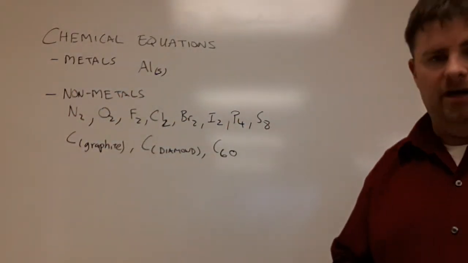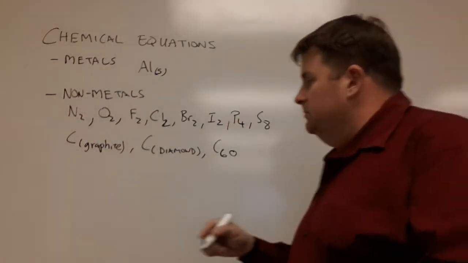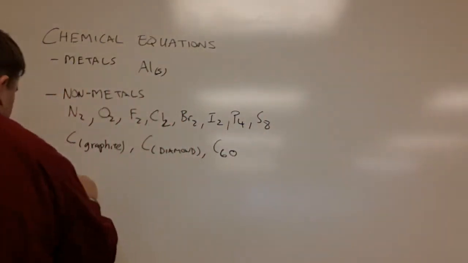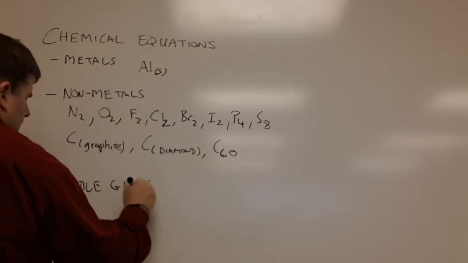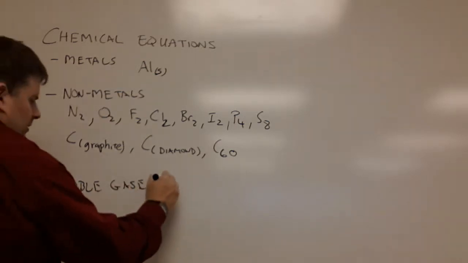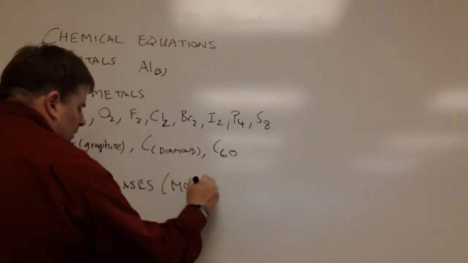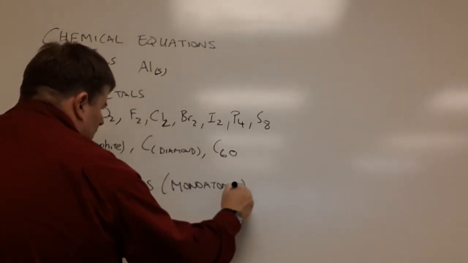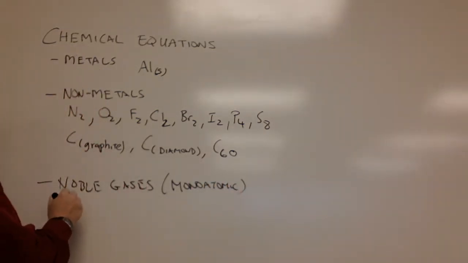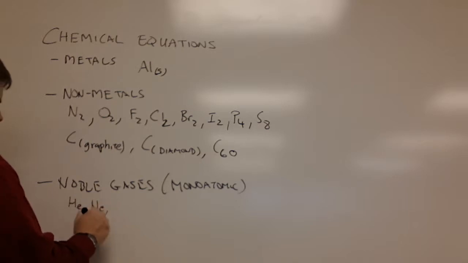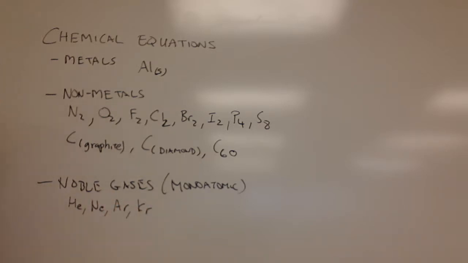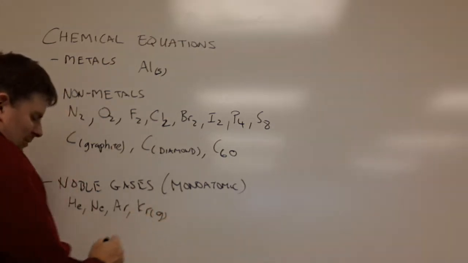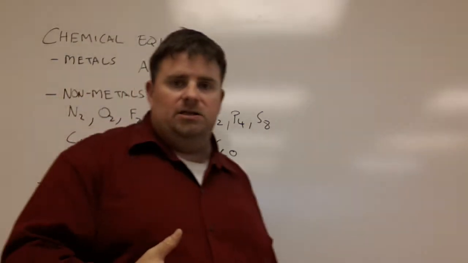Now we talk about noble gases. The noble gases are always going to be monoatomic. So anything like helium, neon, argon, krypton, all of these are monoatomic, and generally you want to represent them as the fact that they're being gases.